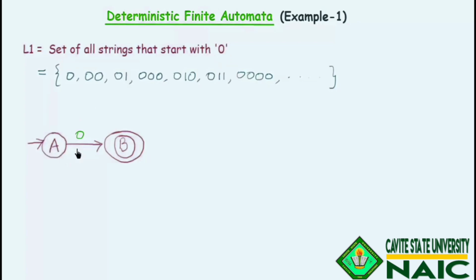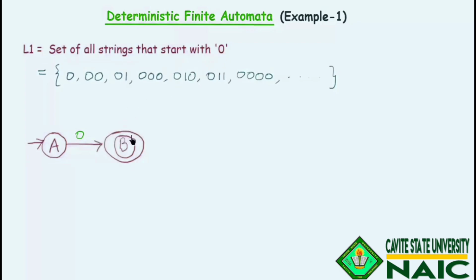A is my starting state and I'm getting input 0, that means 0 is the first digit. Then it goes to B, which is the final state. Whenever a string reaches the final state, that means the string is accepted, and whenever the string does not reach the final state, it is rejected. So whenever I'm starting with 0, it should reach the final state because it should be accepted. Why? Because I have to design a DFA for all strings that start with 0.